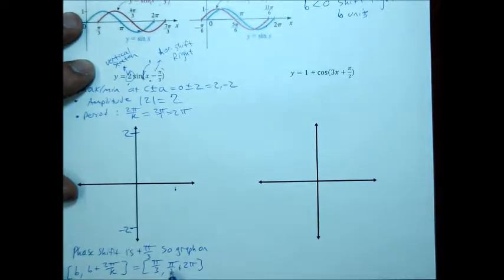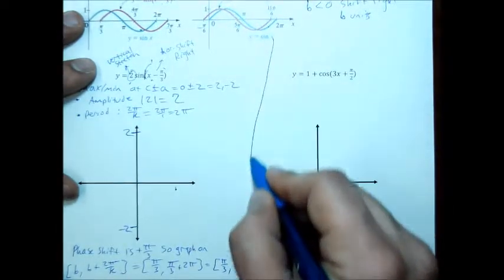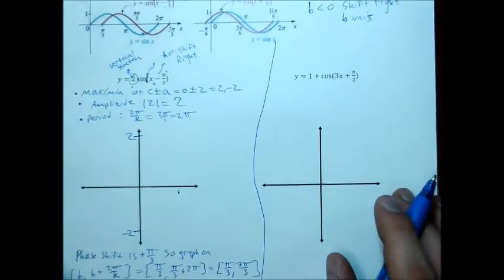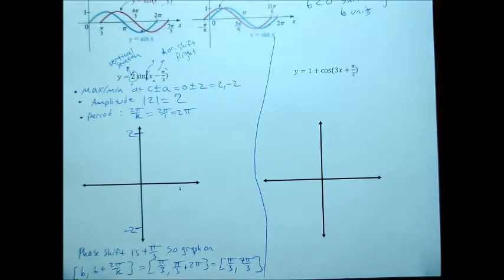And if we add those two together, pi over 3 plus 2 pi, that's going to be pi over 3 to 7 pi over 3. I know that's a lot of information, but it's a pretty complicated function. We've got stretching, we've got shifting, there's a lot going on.